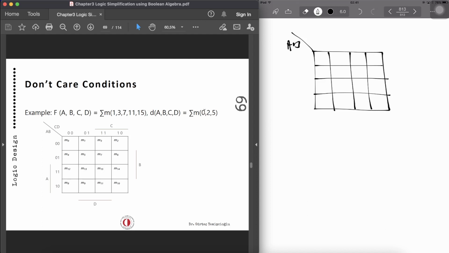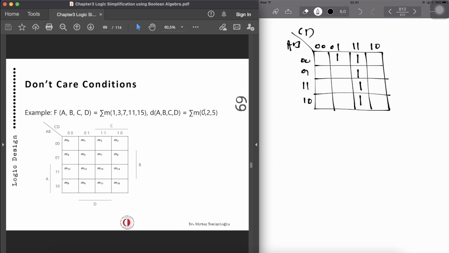A, B, C, D, 0, 0, 0, 1, 1, 1, 0, 0, 0, 0, 1, 1, 1, 1, 0. Now we have minterm 1, minterm 3, minterm 7, minterm 11, and minterm 15.